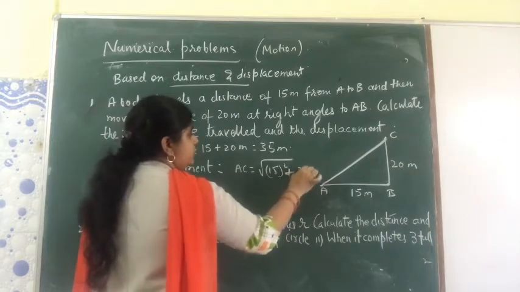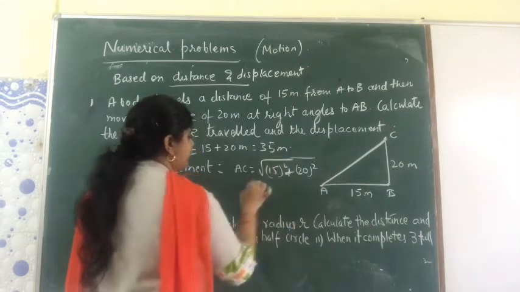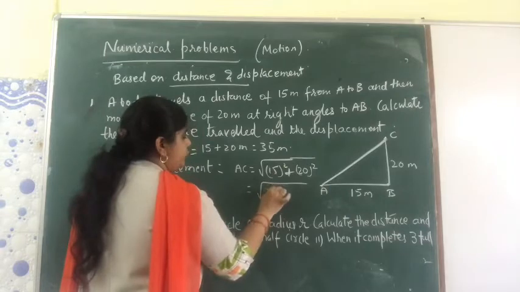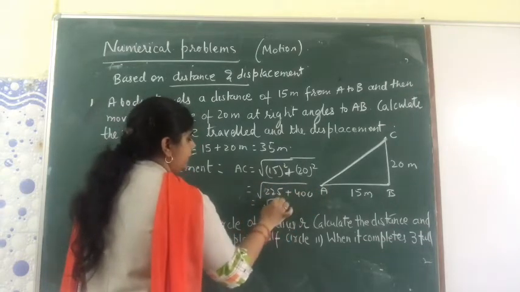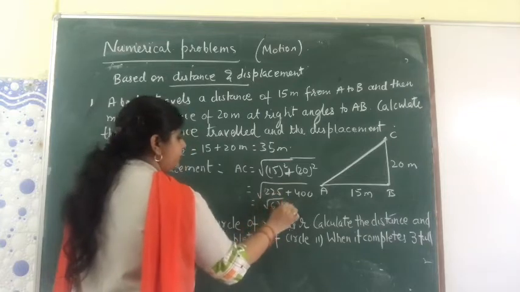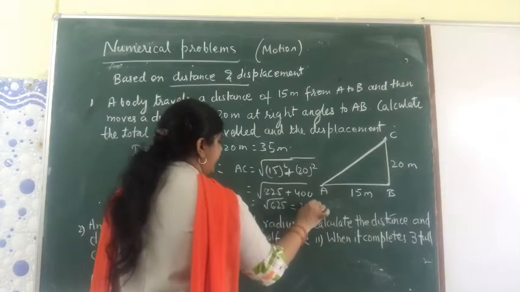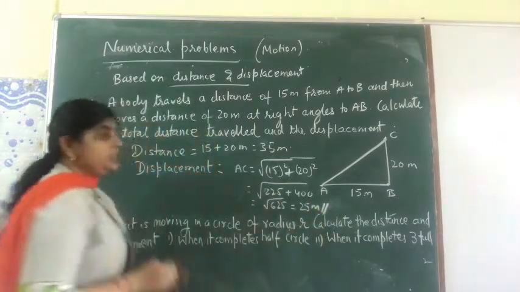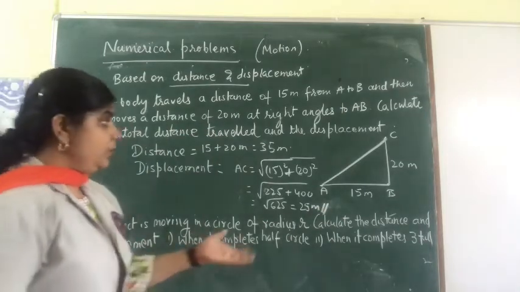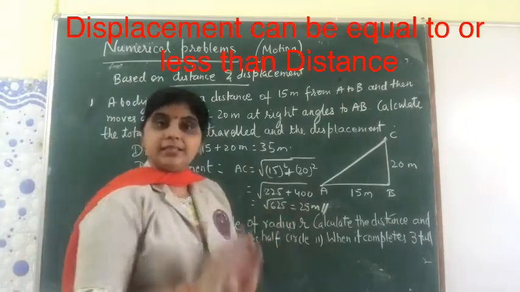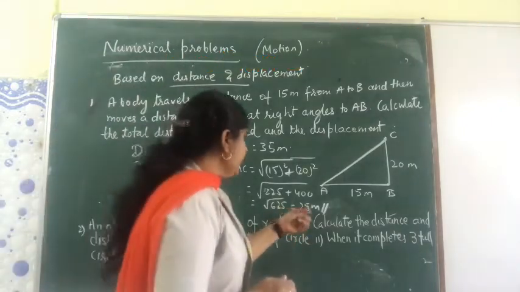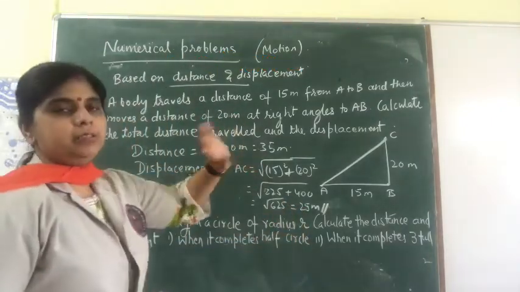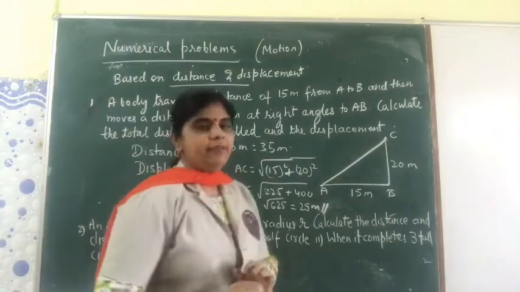So 15 square is 225 and 20 square is 400, that gives under root of 625, that is 25 meter. So children, just remember, displacement will always be less than the distance, it cannot be greater. Here it is 25 meter and the actual distance traveled is 35 meter.